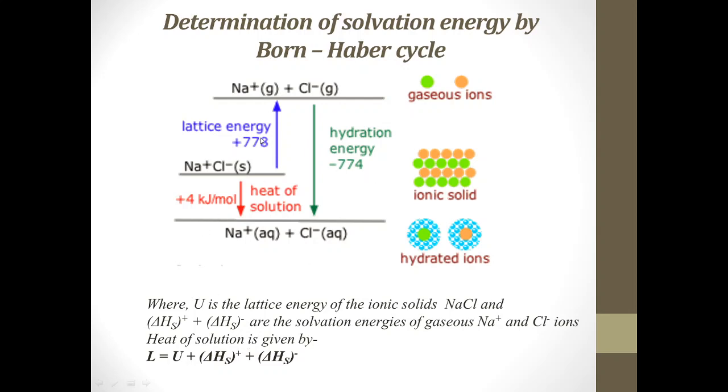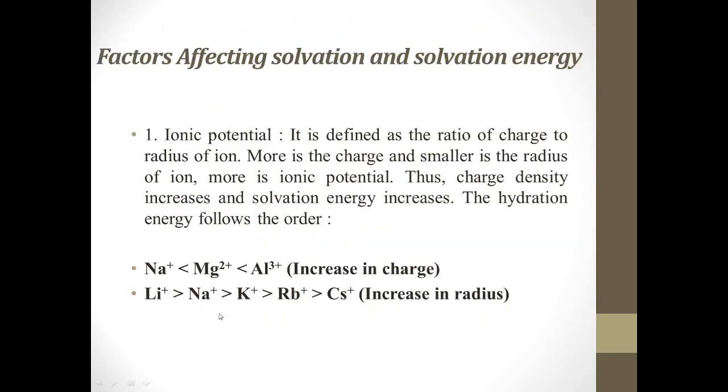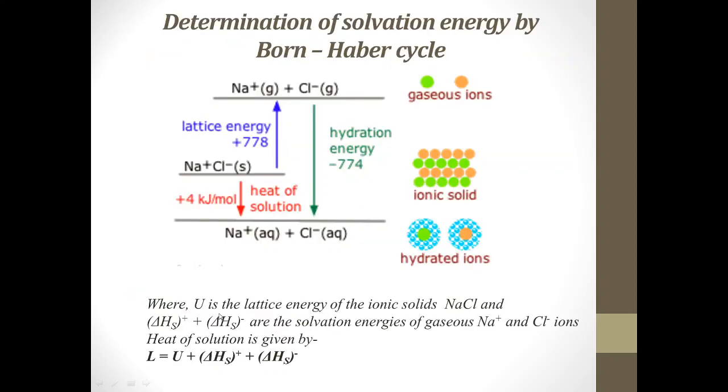So the lattice energy can be denoted as U, and the heat of solution is denoted as L. So the heat of solution is given as L is equal to U plus the solvation energies of the cations and anions.